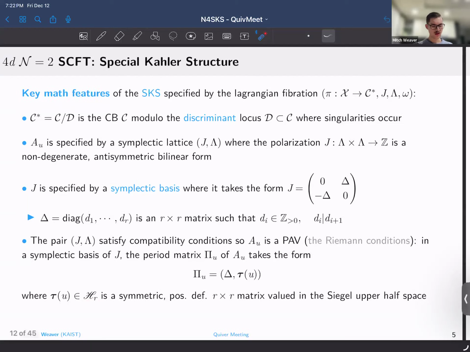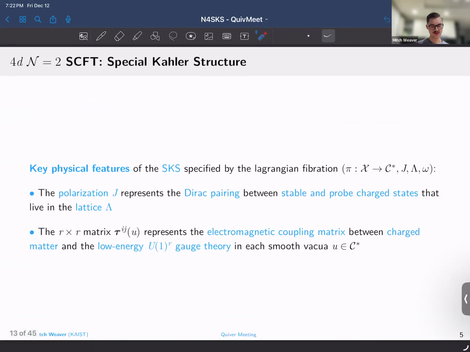Okay, so what are the key physical features of this? The polarization J here is essentially what defines the Dirac pairing between both the stable massive BPS states and also potentially any kind of probe charge states that might correspond to, say, some probe line operators that you want to stick in.